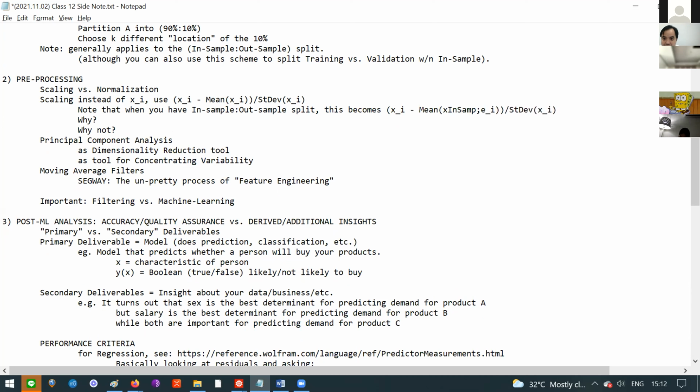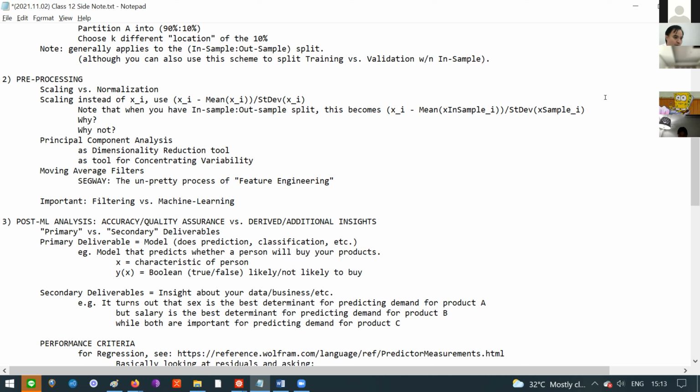Why? Because your scaling has to be from the data that you can manage. So this scaling factor, this mean and standard deviation, is taken from your in-sample. But when you test it, you apply it to everything. Okay, that's something very important.